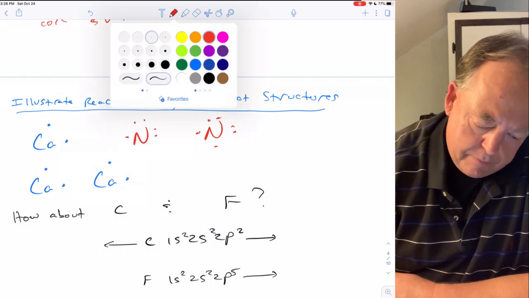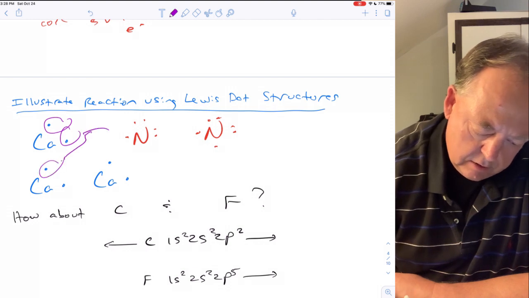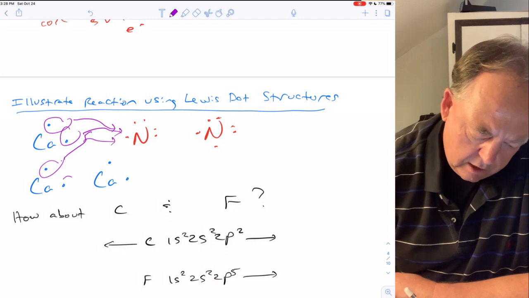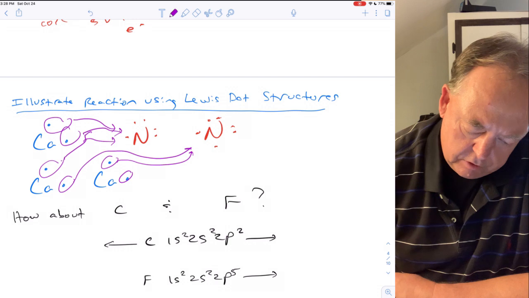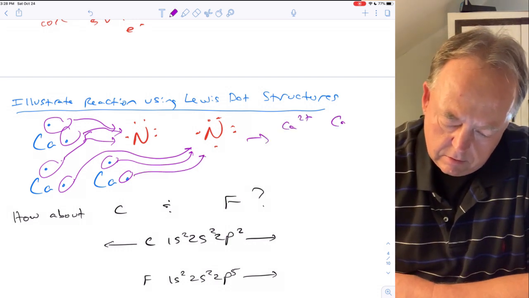And then what has to happen is 1, 2, 3 electrons have to go to this nitrogen, and then 1, 2, 3 electrons have to go to the other nitrogen.